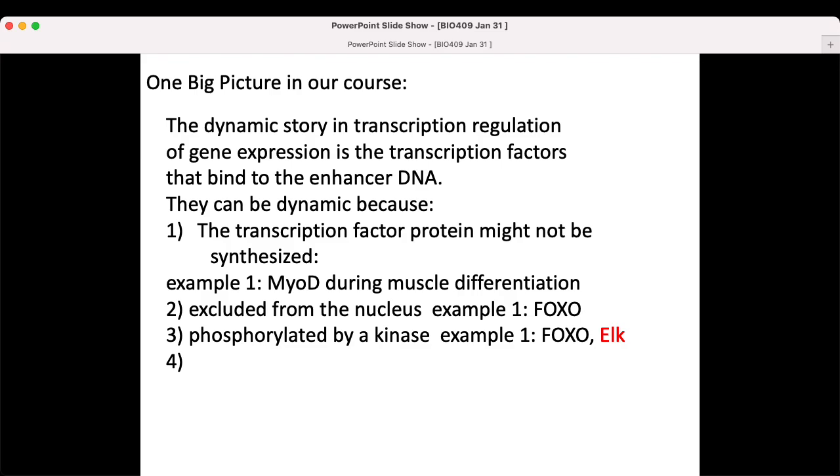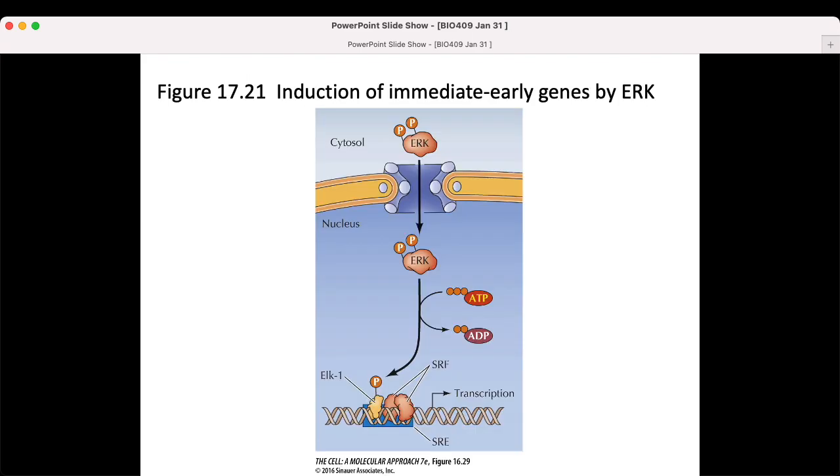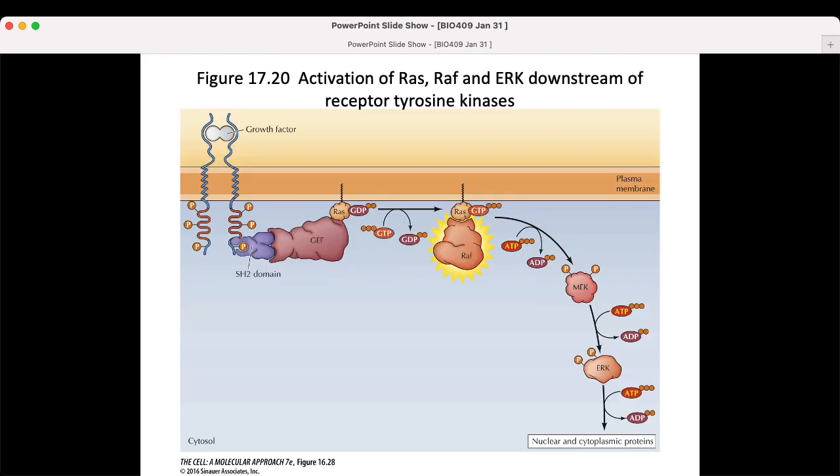Now, transcription factors are always proteins, so when we focus on transcription factors, we're also learning general ideas about proteins. We're learning about phosphorylation. RAF is not a transcription factor, but RAF is a kinase, and it's involved in kinase stories.